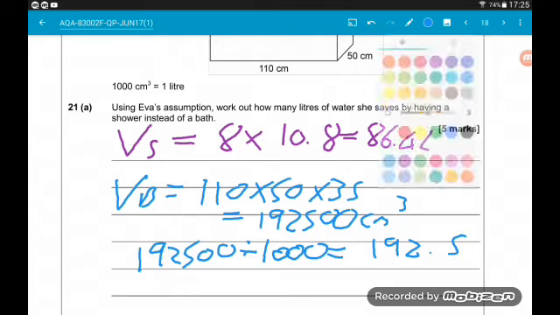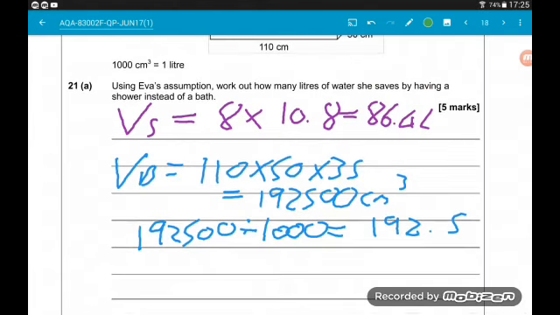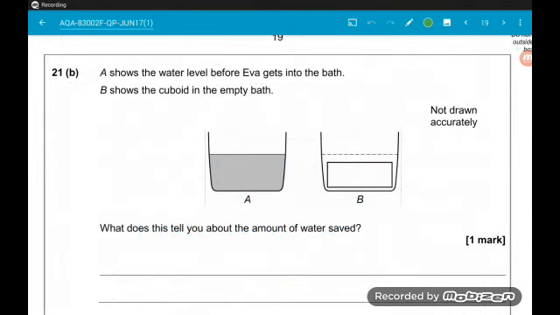So, to work out finally the number of litres she saves, we want to do 192.5 minus 86.4, which gives us 106.1 litres. Jobs again.